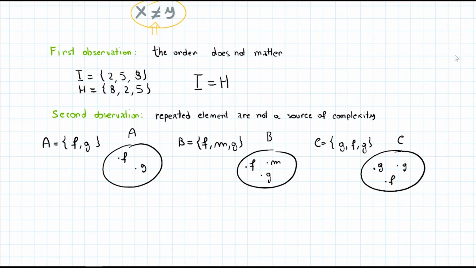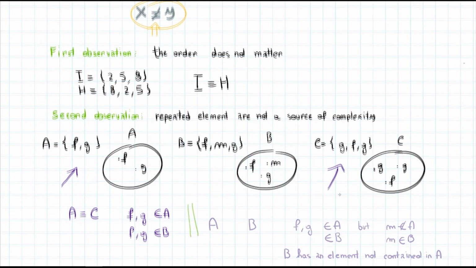In fact, if we want to look at the sets A and C, we see that A has elements f and g, while C has elements f and g counted twice, but by definition they are equal, so it's still valid that A is equal to C. In fact, each element that is contained in A is also contained in C, and each element contained in C is also contained in A.